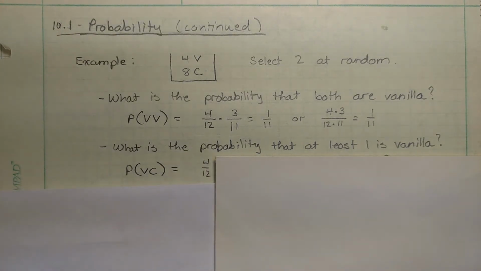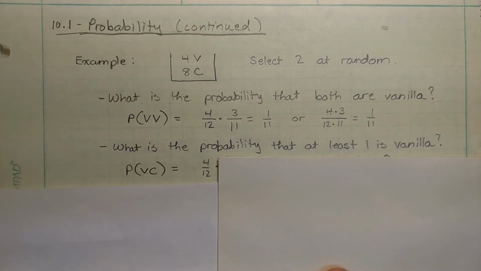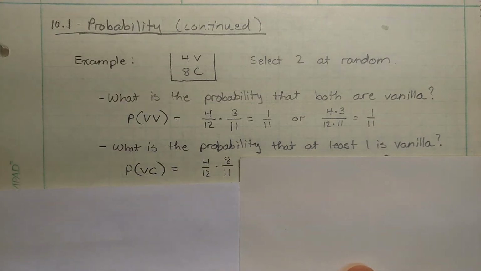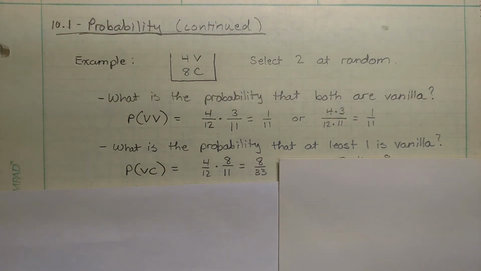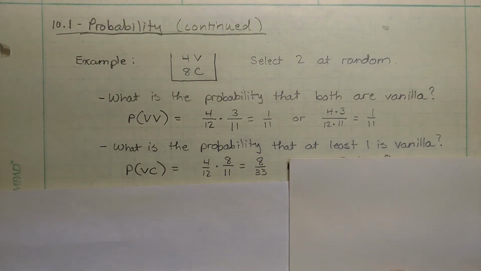This is vanilla and chocolate, so it's still a multiplication situation. I've got a 4 out of 12 chance of picking a vanilla. And assuming I have picked a vanilla, I would have an 8 out of 11 chance of picking a chocolate. Multiplying that up and reducing, I get an 8/33 chance.